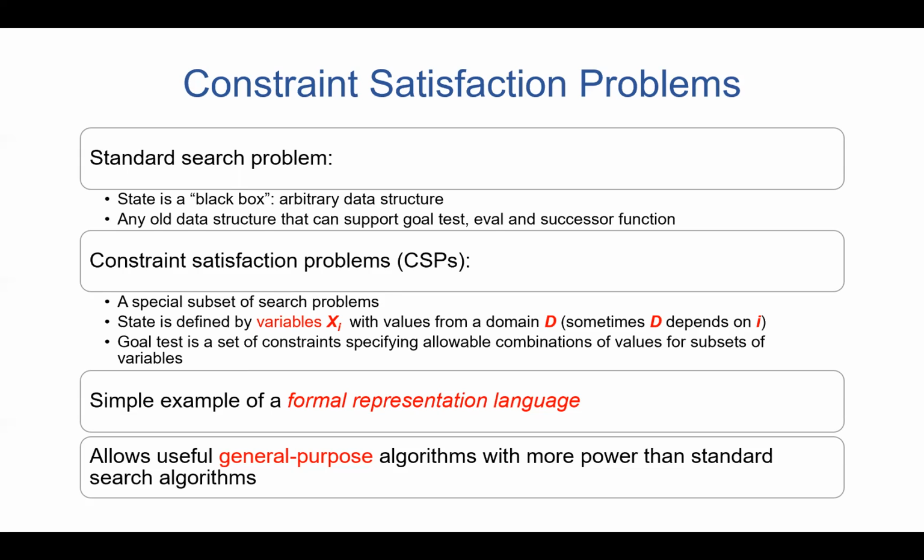So what we have in the constraint satisfaction problems, first of all, is that we are now going to assume that the environment is stochastic. So the biggest difference between CSPs and the other search algorithms that we have covered is that the goal is not the important thing here.